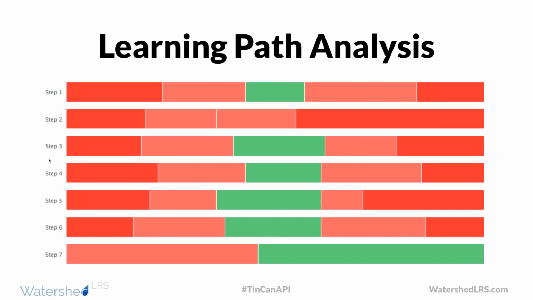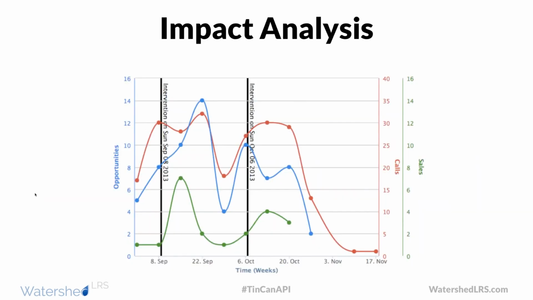Learning path analysis. Many learners will take different paths through learning applications. We can start to look at where people are deviating from the ideal path and how people are choosing to navigate through learning. Impact analysis. Can we measure how long the impact of a training intervention lasts?